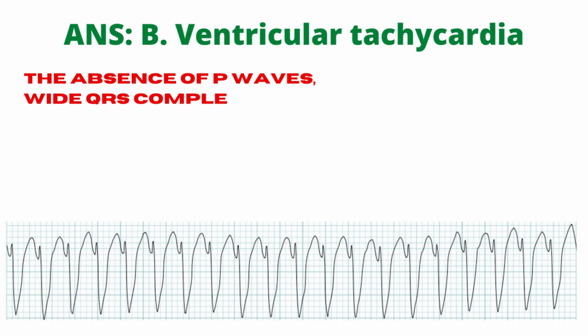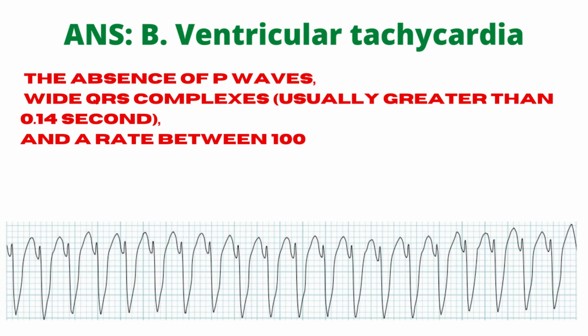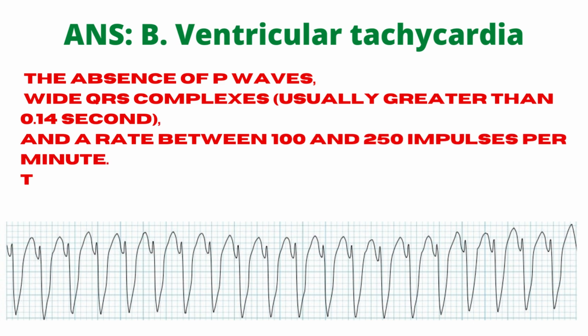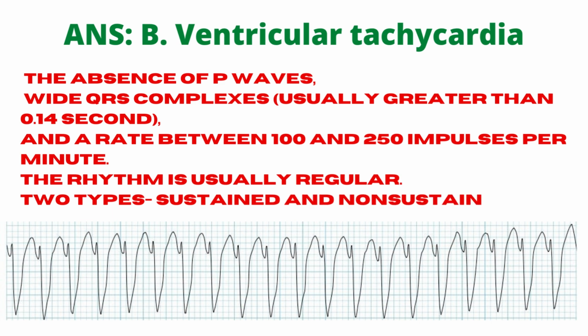So how is it? Ventricular tachycardia is characterized by absence of P waves. So the characteristic of that is, number one, absence of P waves, and there will be wide QRS complex. The QRS complex duration will be greater than 0.14 second, and the heart rate will be between 100 to 250 beats per minute. And again, it will be regular.